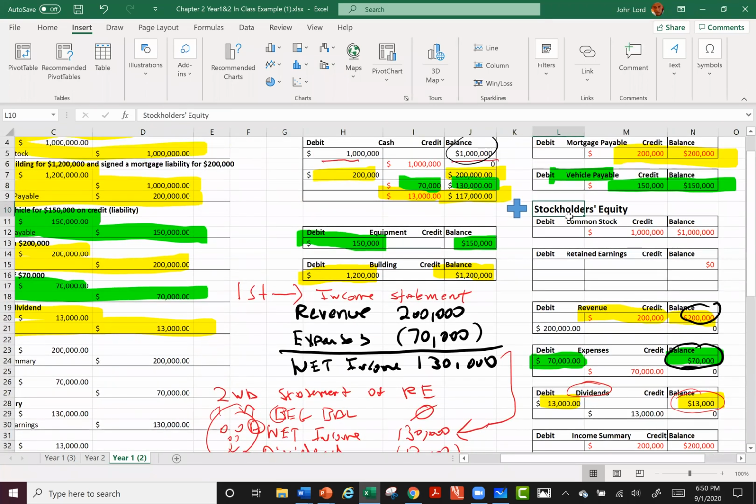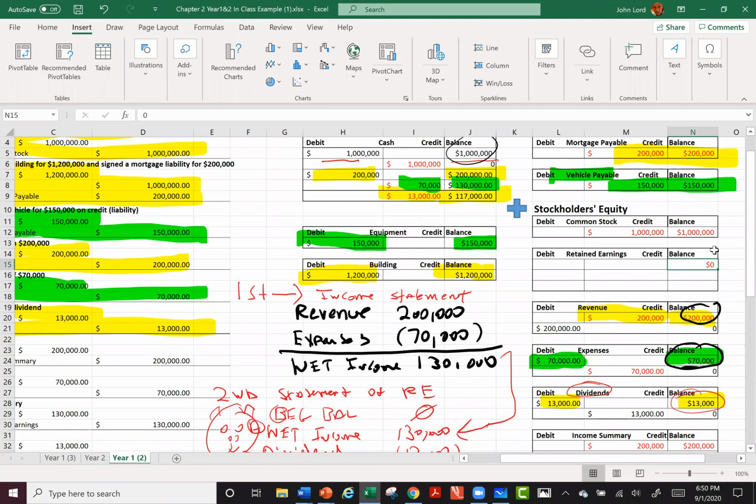I've got common stock, $1 million. And right now, my retained earnings is still showing that beginning balance of 0 because I haven't done any entry. I haven't debited or credited anything into retained earnings. Nothing gets into these accounts, guys, unless I do a debit and credit in the journal first. So I can't get anything in my ledger until I put something into the journal.